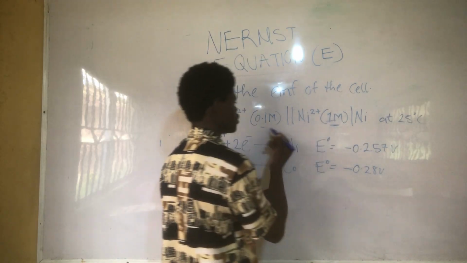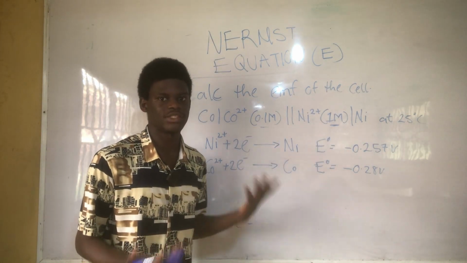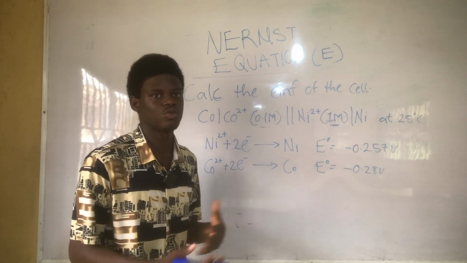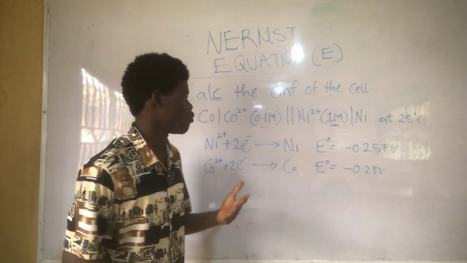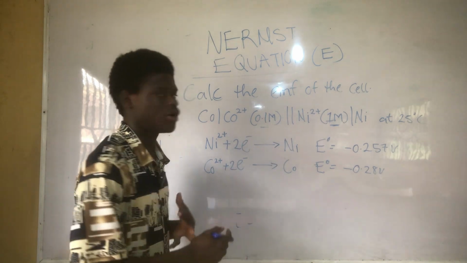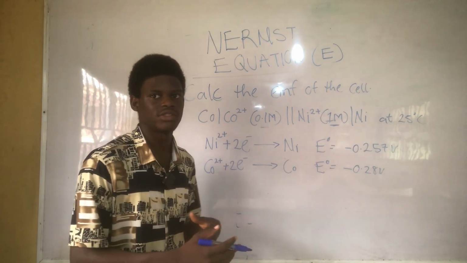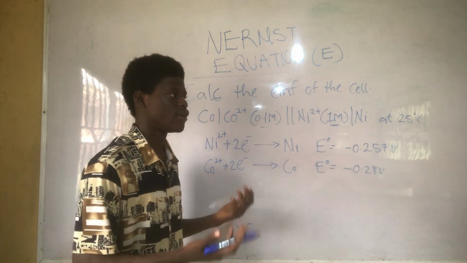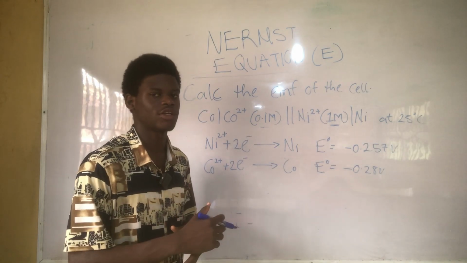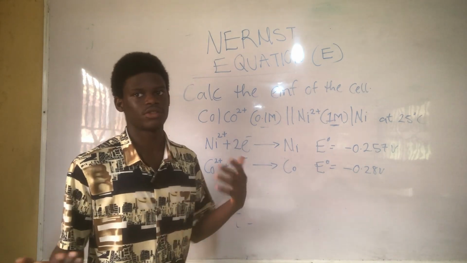You can see that the concentrations are different, so that means we use the Nernst equation. If they were the same, that means they're asking us to look for the standard EMF. But since they are different, we have to use our Nernst equation. That's why the Nernst equation is applied in real life, not in standard processes, because real life application will always vary unlike standard application. It's just like the Van der Waals equation, how it's different from PV equals nRT.